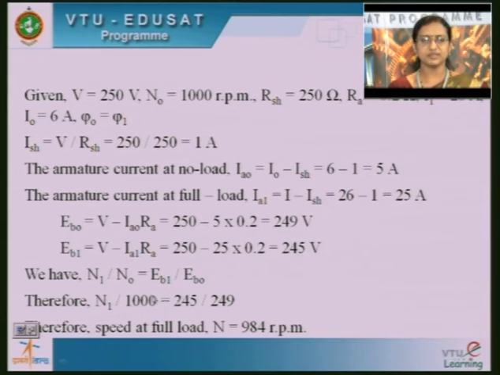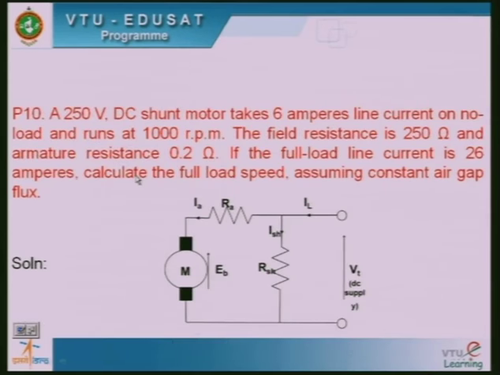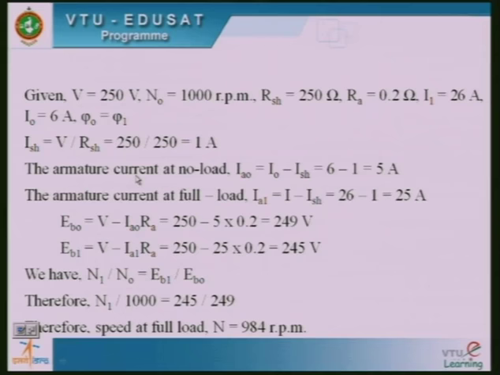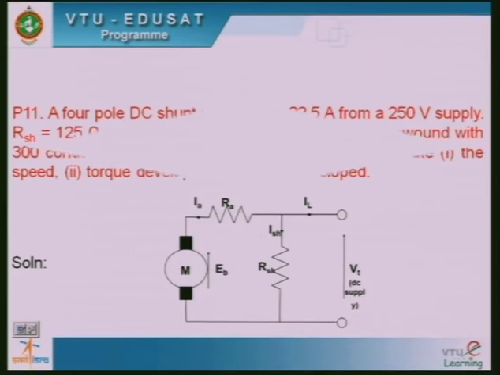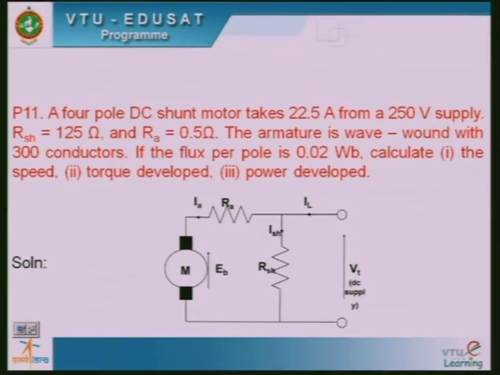After substituting the calculated values, you are getting the speed at full load N is equal to 984 rpm. So, this is how this problem is to be solved. Now, in the next case, you see this.